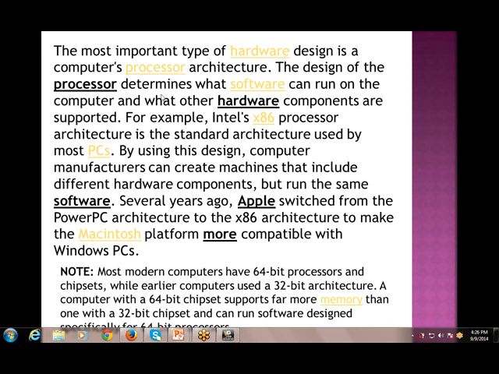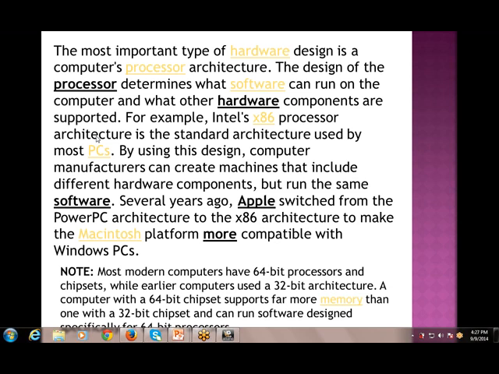The design of the processor determines what software can run on the computer and what other hardware components are supported. This defines what software is required to run the CPU, the motherboard, and the hardware, and what hardware components are required, like CPU, motherboard, chip, for the processor architecture.